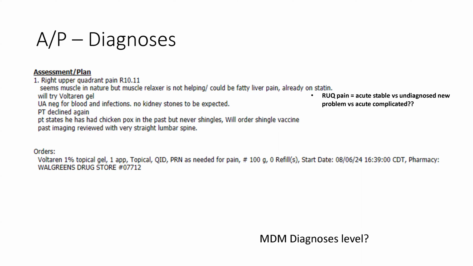So what if you pulled in some of these other diagnoses? If the fatty liver's been addressed, you could make the argument that it's just sort of in there offhand, fatty liver pain. Did you make that a diagnosis? Does the patient already have the diagnosis?